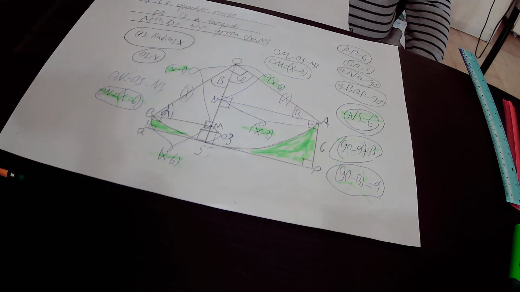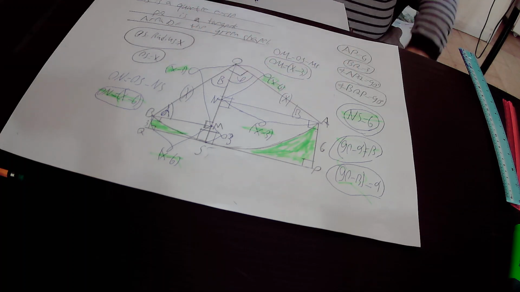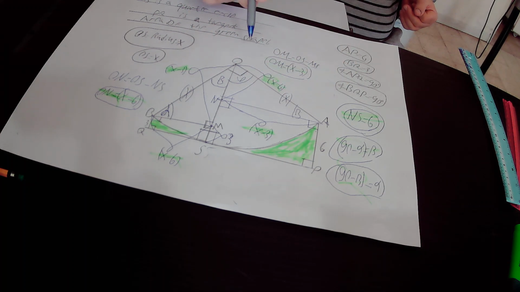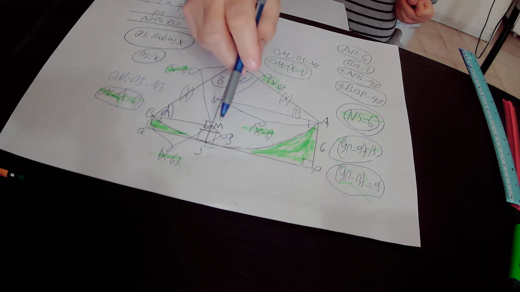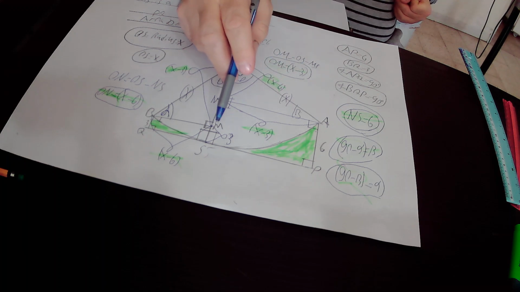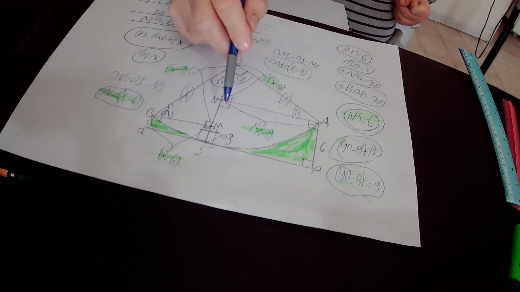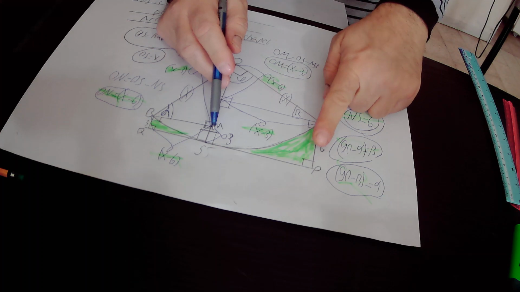The area of trapezoid OSPA equals the sum of its bases, that is OS plus PA, times the height, the height is SP. Why? Because SP creates 90 degrees with the two bases.